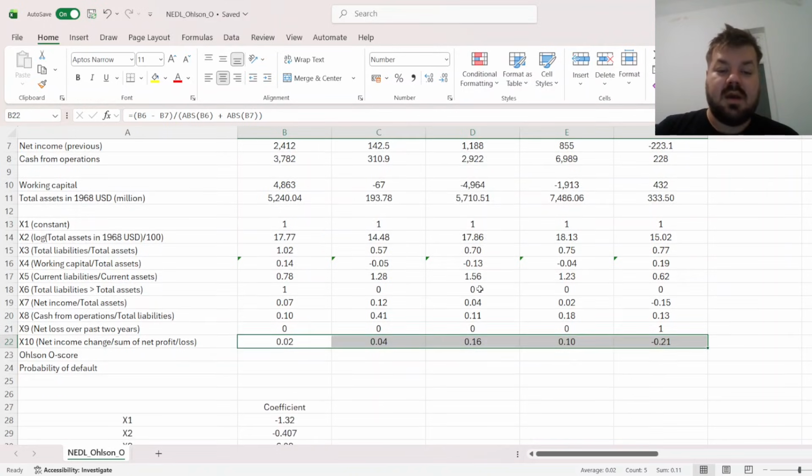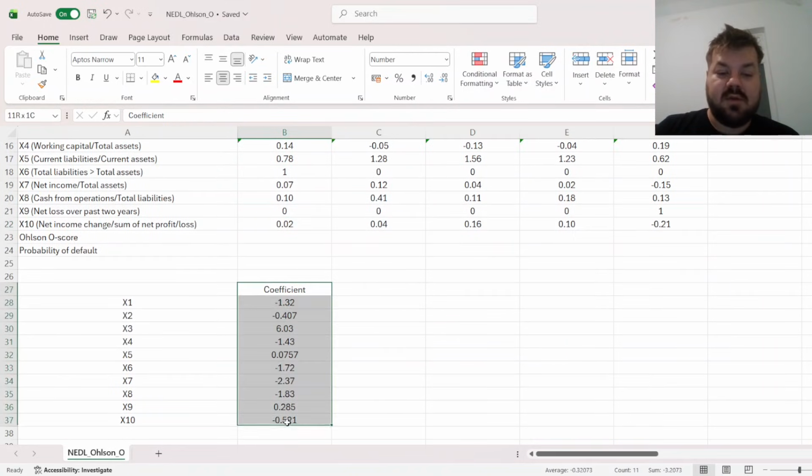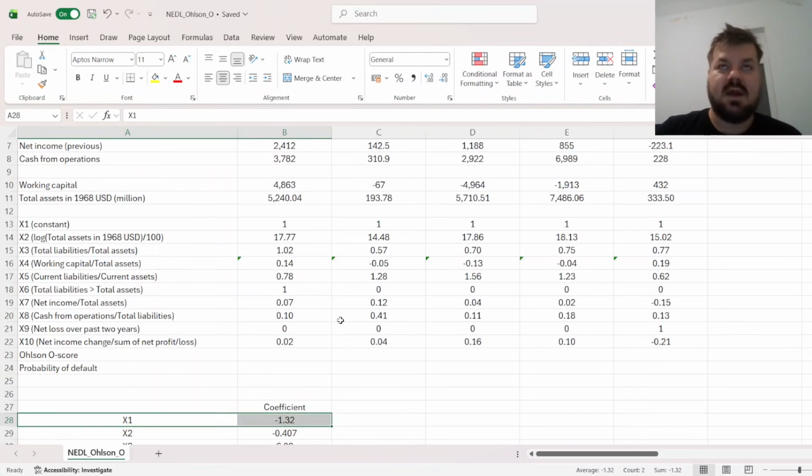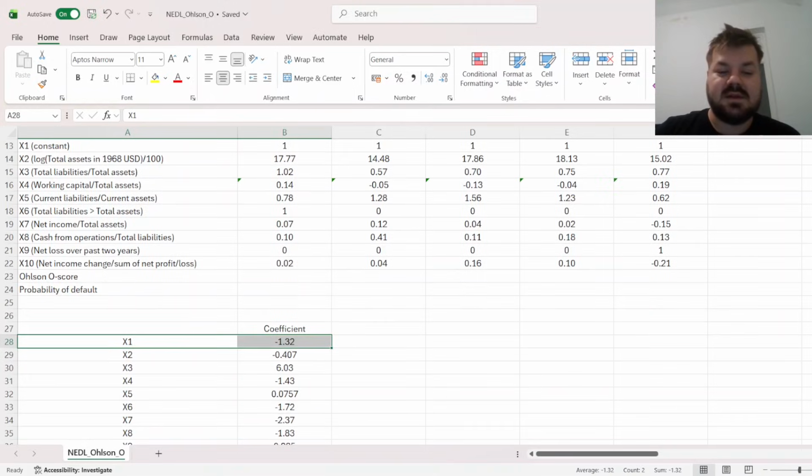And then we can use the coefficients estimated by Ohlson. Again, in his 1980 paper, Ohlson actually provides several models with variant sets of coefficients, but argues that this particular model with these coefficients is the best fit. We can see that it includes a constant, unlike the Altman Z-score that doesn't.